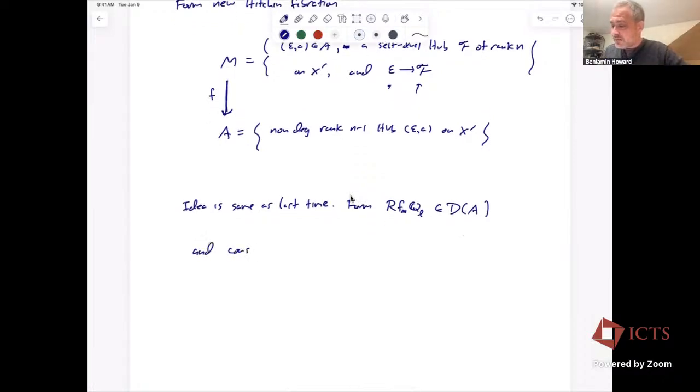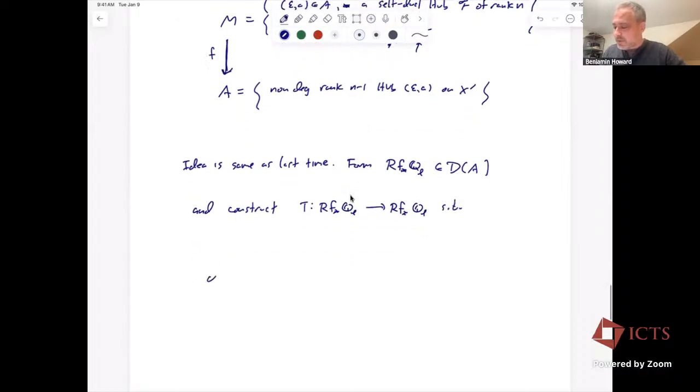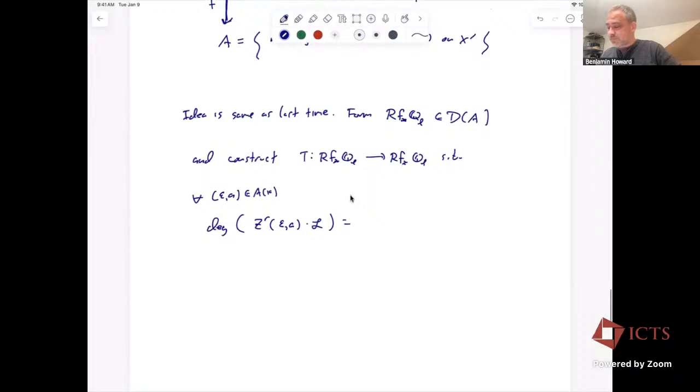And construct some endomorphism of it, T, something like a Hecke operator, such that the degree of this intersection is, for all of the points in the indexing set of our coefficients, the trace of the Frobenius composed with r copies of T acting on the stalk of the higher direct image at that point of A. So this is how we're going to try and understand the degree of this intersection and then match it up somehow with the analytic side.